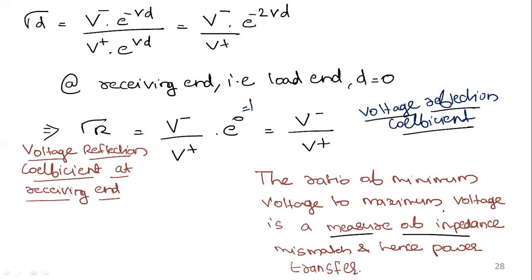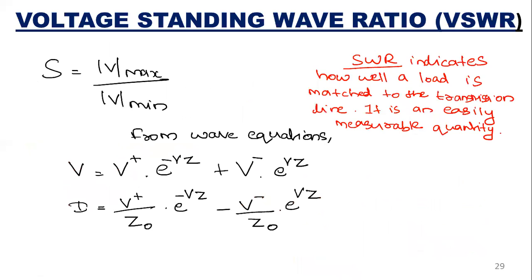Now this introduces you to a new term, that is voltage standing wave ratio, or simply standing wave ratio, VSWR or SWR. So what does that say? It indicates how well a load is matched to the transmission line, whether it is perfectly matched or mismatched, like if we have reflected waves like that.